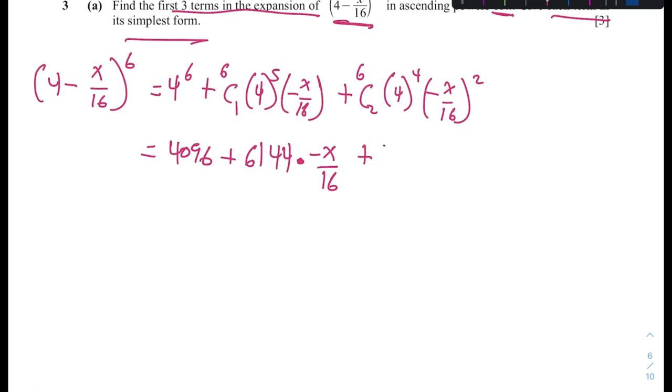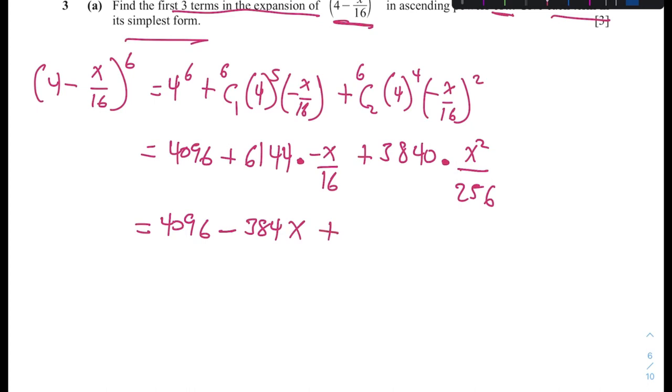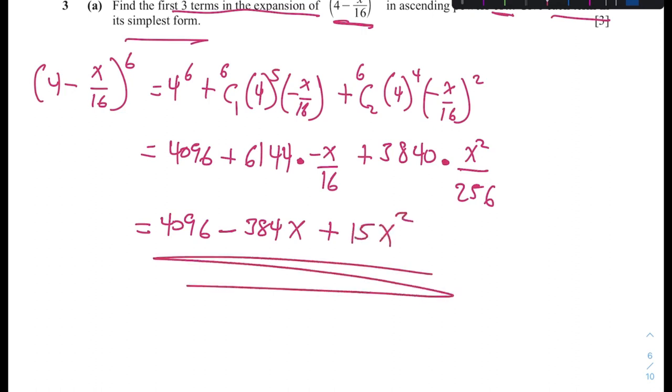That will give us 3840, okay, times x squared over 16 squared, which is 256. So we simplify to get, this will become negative, obviously, 6144 divided by 16, that is 384x. Then this will become 3840 divided by 256. That will give us 15x squared. Cool. For your 3 marks.